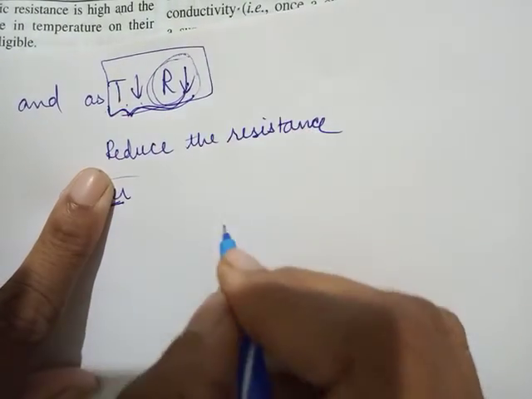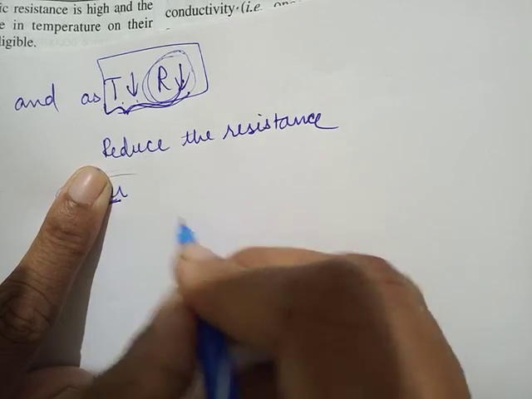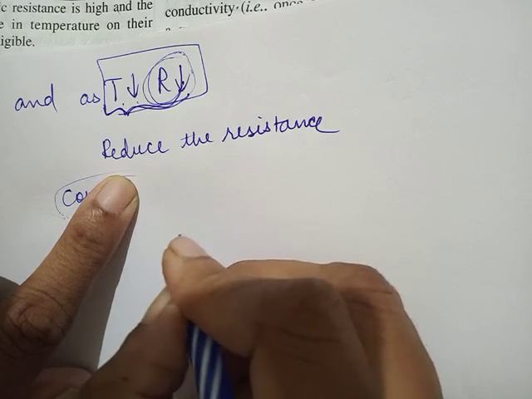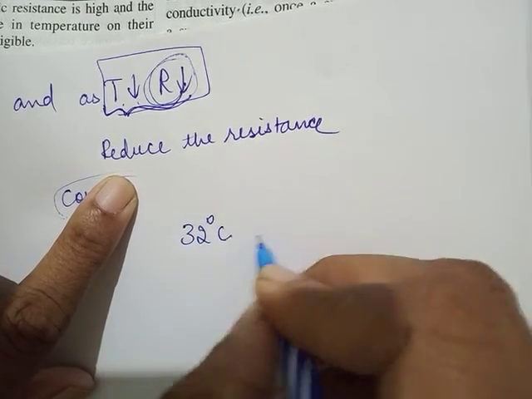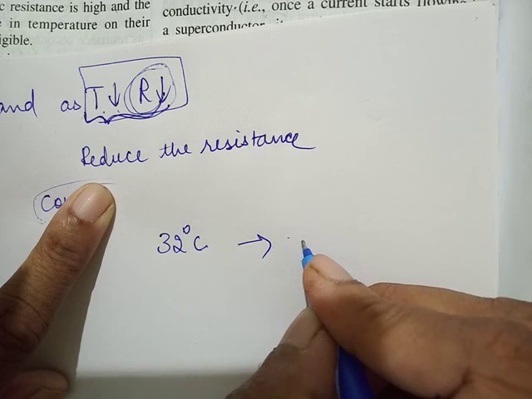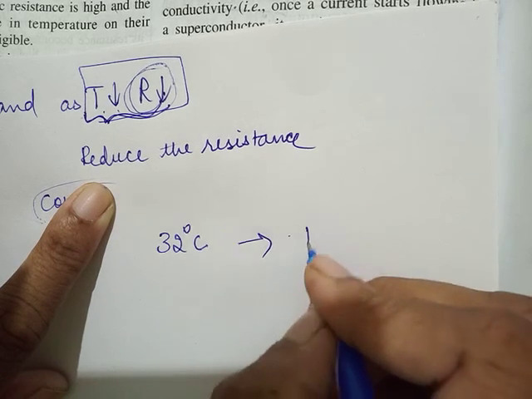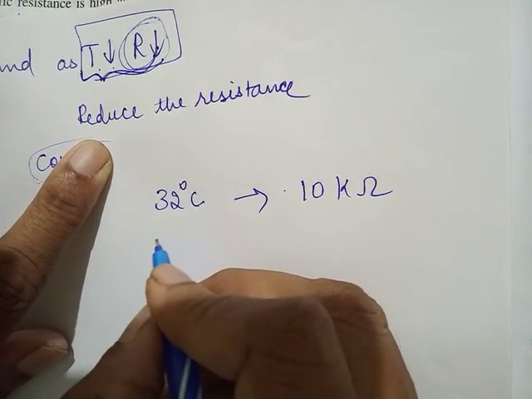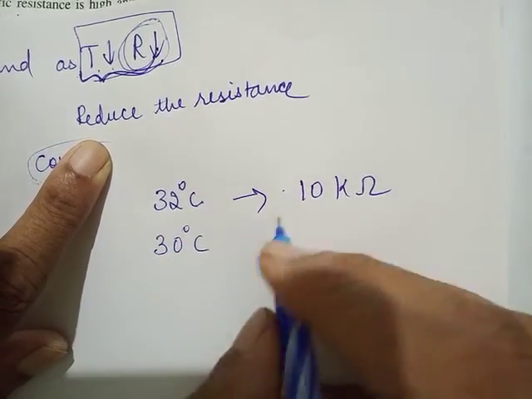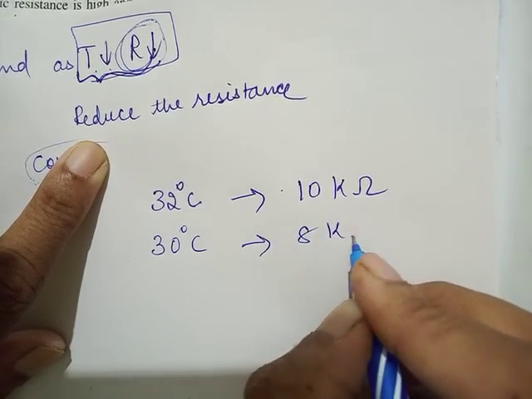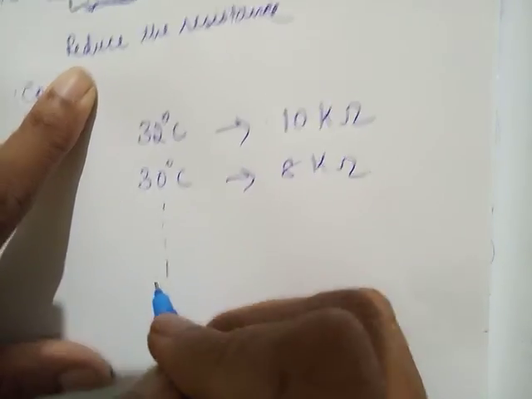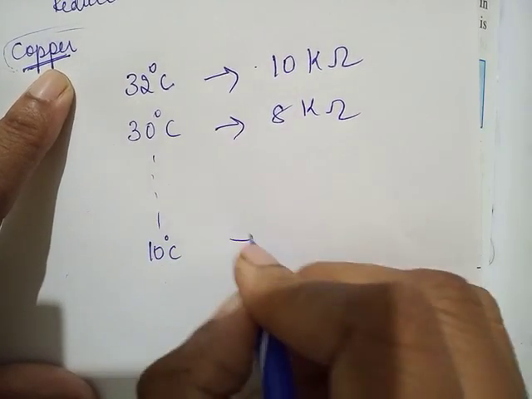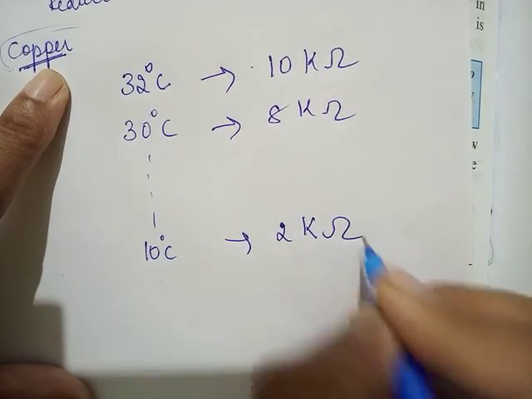Suppose right now the outside temperature is 32 degrees and the resistance of a particular wire is 10 kilo ohm. Now I reduce the surrounding temperature to 30, then it might become 8 kilo ohm. Like this I keep on decreasing. Maybe at 10 degrees Celsius its resistance will be very less, maybe only 2 kilo ohm.